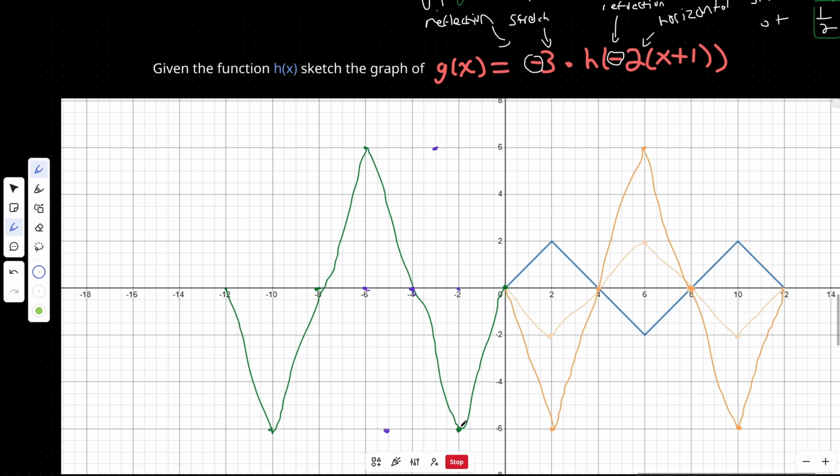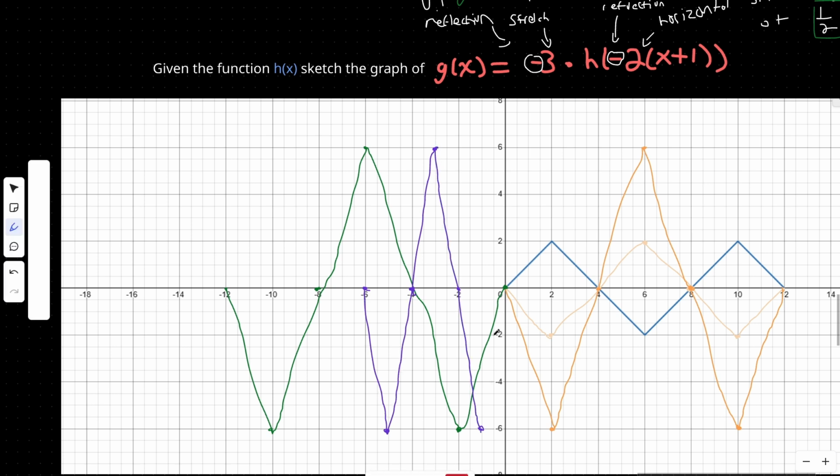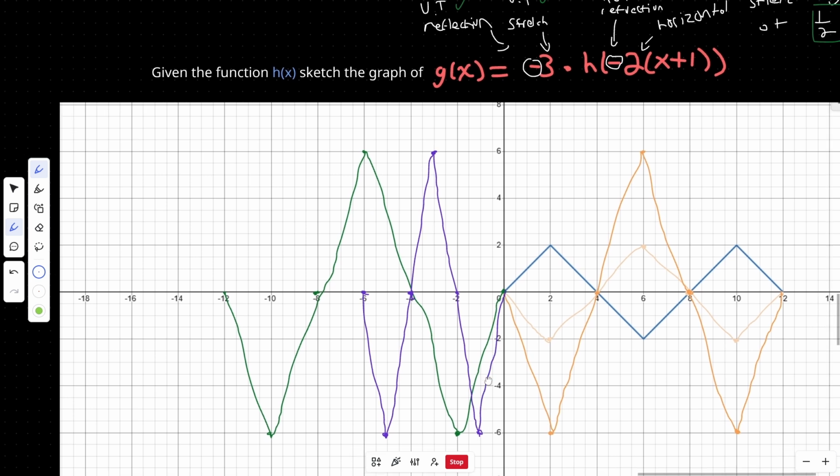And the point negative 2, negative 6 is going to be at negative 1, negative 6. So we are left with a squished down version of our function. It's going to be like this. And the point 0, 0 stays the same. And we're left with that.